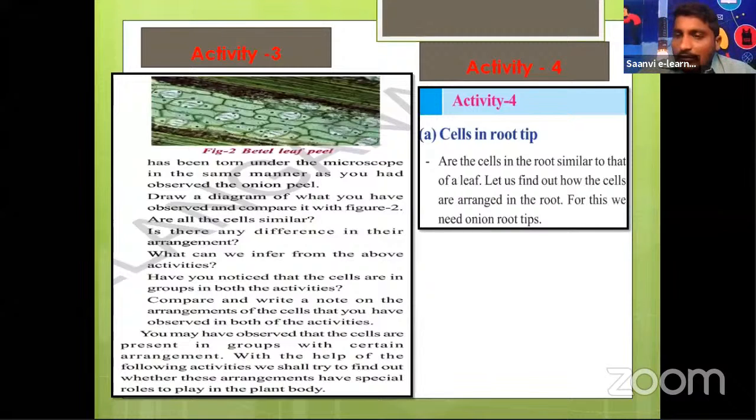I told you just now, the cells can modify or arrange in a different way. Why? To perform several functions. So depending on their function, cells are arranging, cells are modifying.